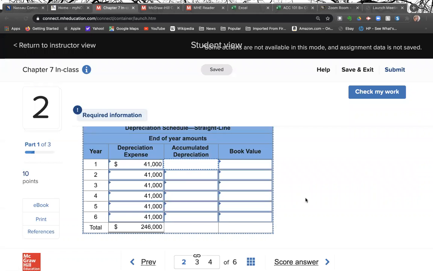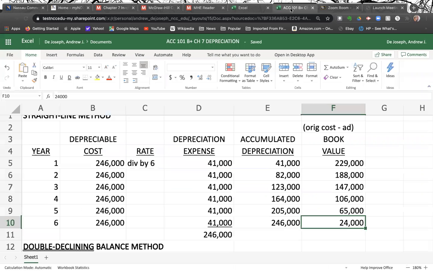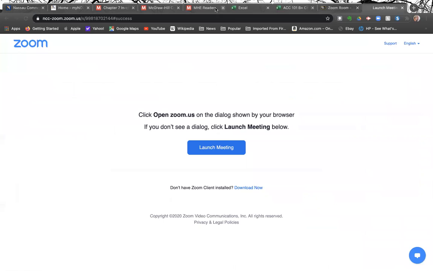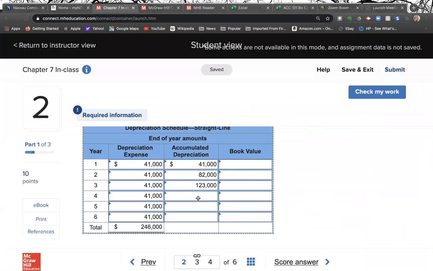All right, the accumulated depreciation was 41, 82, 1, 2, 3. I have to go back and look. 164, 205, 246.